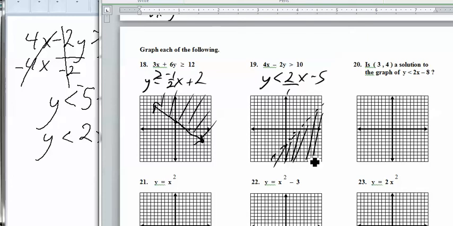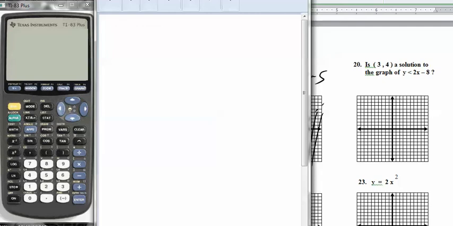Alright, so for number 20, we don't really even have to graph this one to find this out. All we really have to do is we have y is less than 2x minus 8. And then we have the point 3, 4.